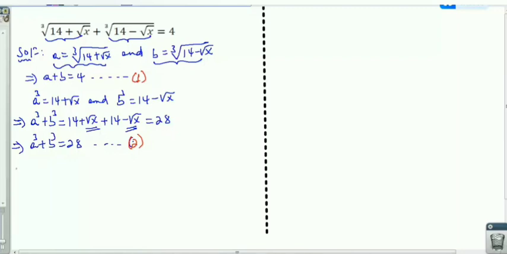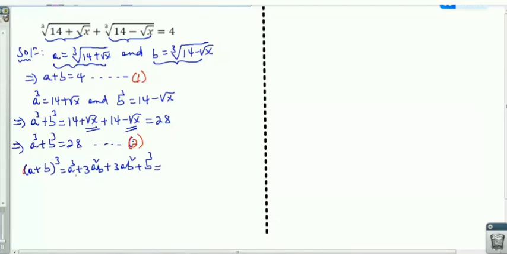Again, using binomial expansion, we know that a plus b the whole cube can be written as a cube plus 3a square b plus 3ab square plus b cube. This is from binomial expansion.